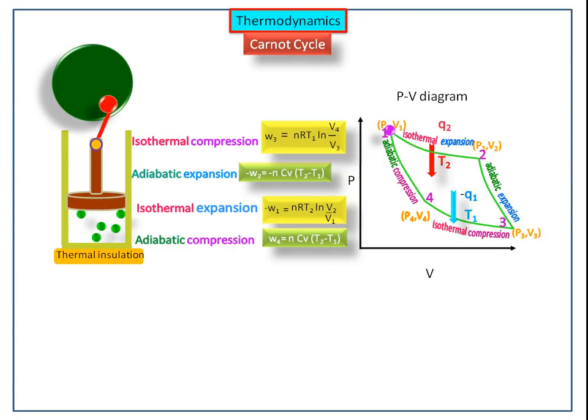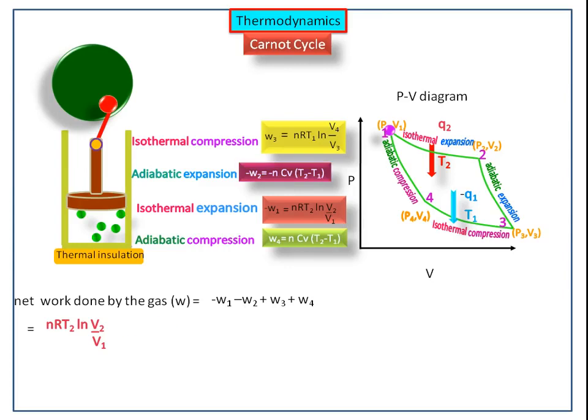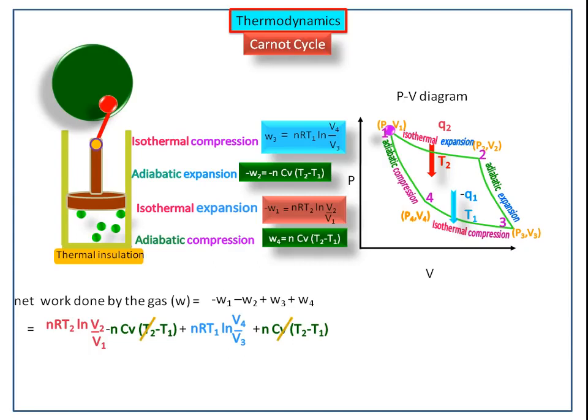Now we calculate the net work done by the gas. For this we sum the four work done values: minus W1, minus W2, plus W3 and plus W4. Substituting these values, we cancel out minus W2 and plus W4.